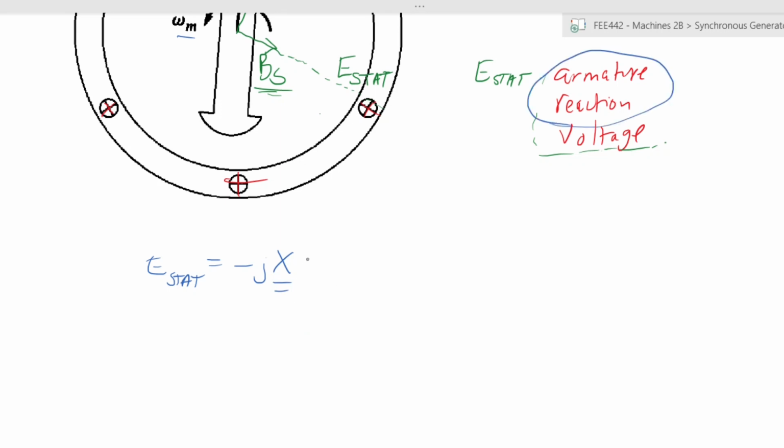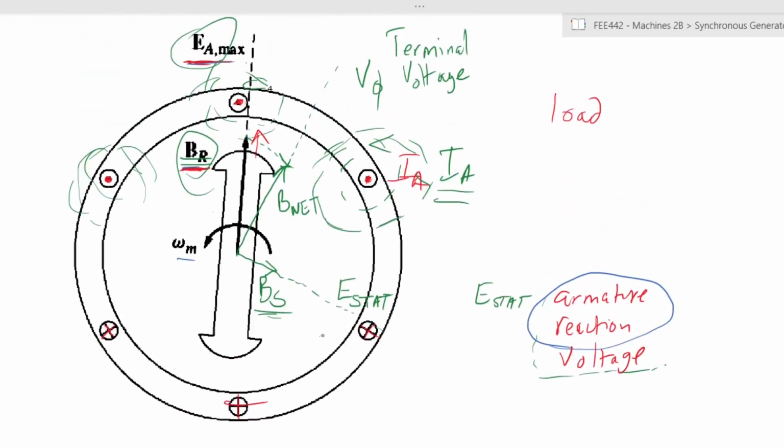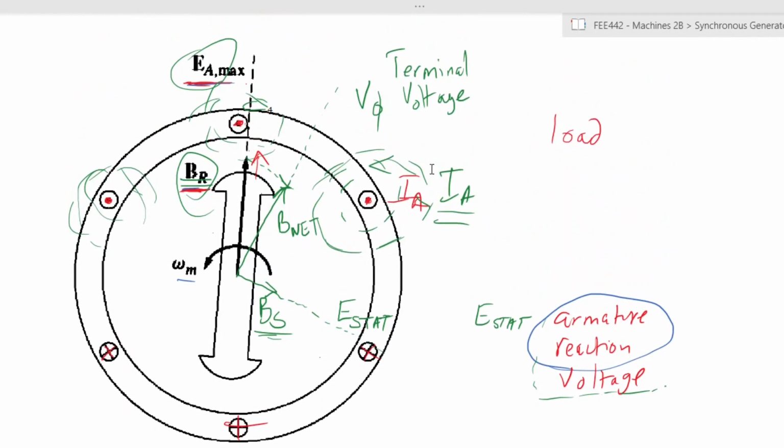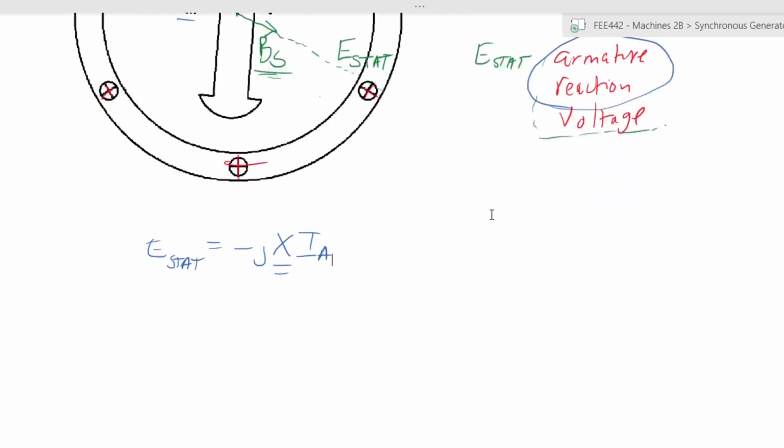All right, we represent it by an X there times the current IA, right? Because it is due to IA and it interacts with the others. So when you put it in terms of a voltage, you create this element that will be able to put it into the form of a voltage.